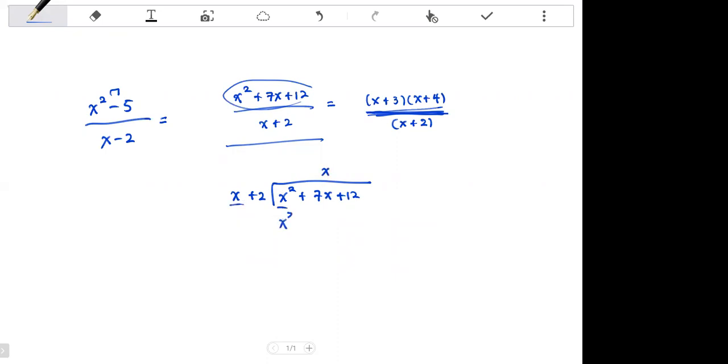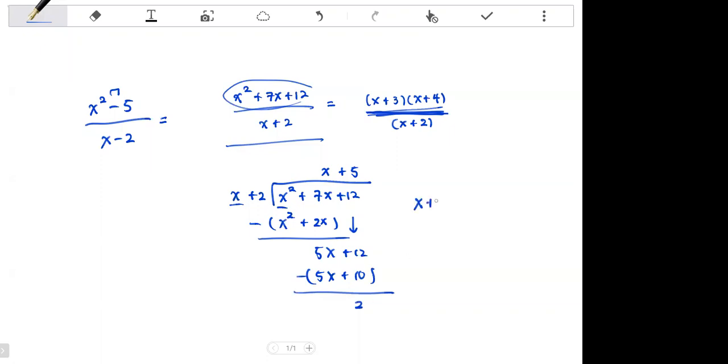I'm going to do it fast since you guys should be used to it. We subtract, leaving 5x. Bring down a 12. How many times does x go into 5x? 5 times. You multiply, you subtract, leaving 2 as a remainder. So our answer should be x plus 5 plus 2 over x plus 2.